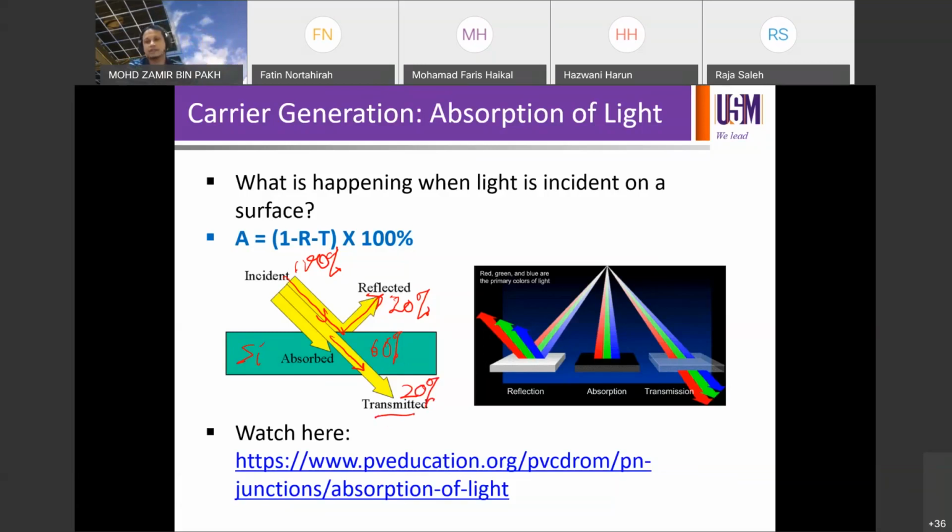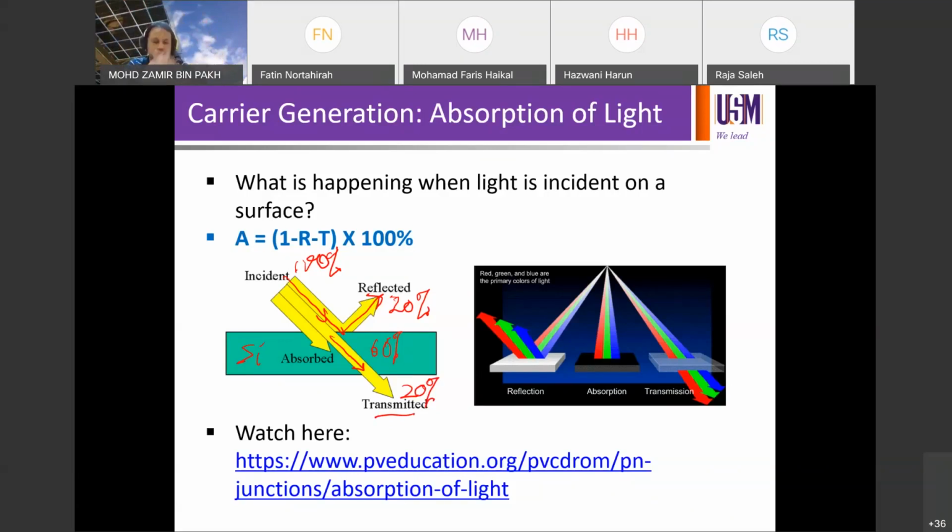If I have this silicon, for example, so I have incident light of 100% here in the front, then 20% is gone, and I have 80% going into the silicon, and out of the 80%, 60% is absorbed, and you are left with another 20%. That 20% that is not absorbed will be transmitted through the sample.